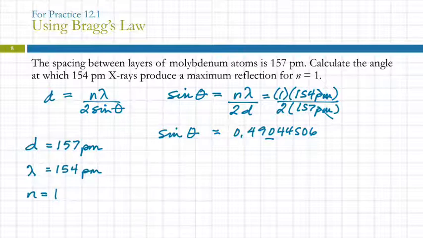Sine, like natural log, is a function. It's not a thing. You can't divide by sine. You can do the opposite of sine, right? You can do an inverse sine. So if we do an inverse sine of both sides, we have theta equals this.